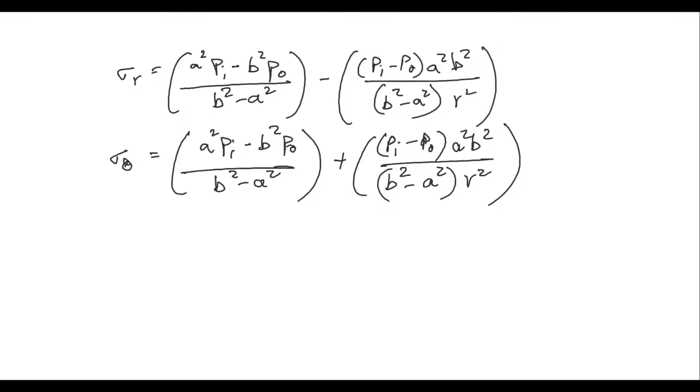And for this, if you substitute the internal and external pressures, you will get the results. It depends upon the cases. Like if I take case 1, that is a cylinder subjected to internal pressure only.